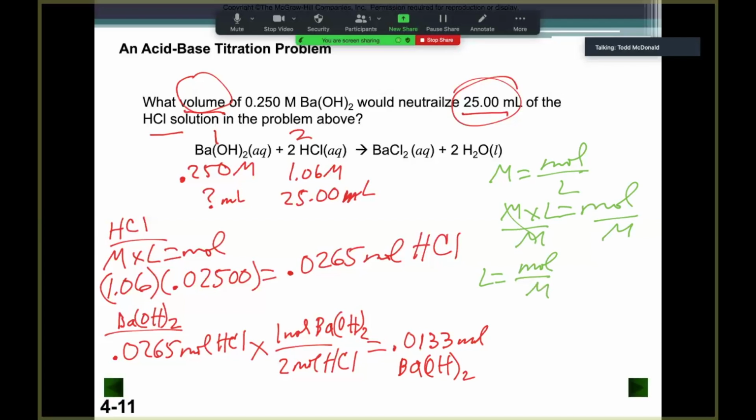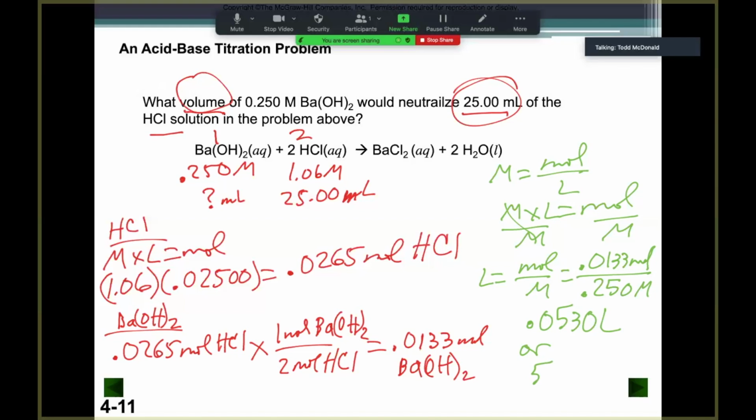So when I want to do my calculation here, I'm going to take 0.0133 moles divided by my molarity, which is 0.250 molar. So I take that number that's in my calculator divided by 0.25, and I get 0.0530 liters, or if I multiply by 1,000, I'm going to get, is that right?